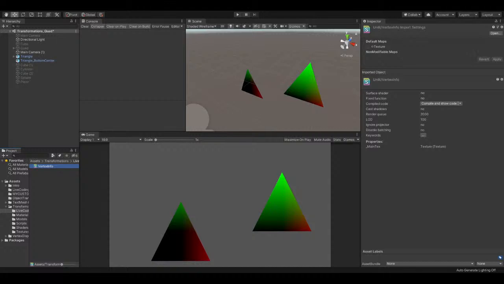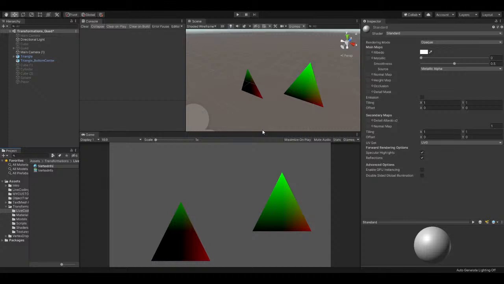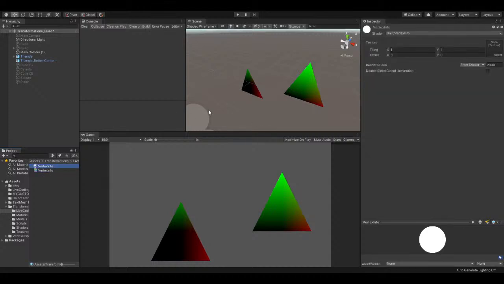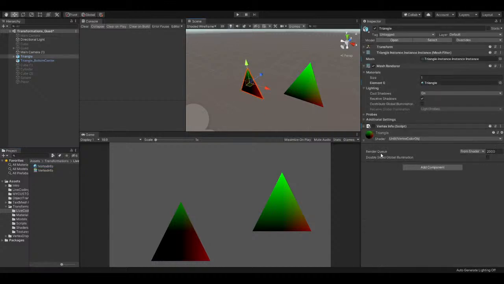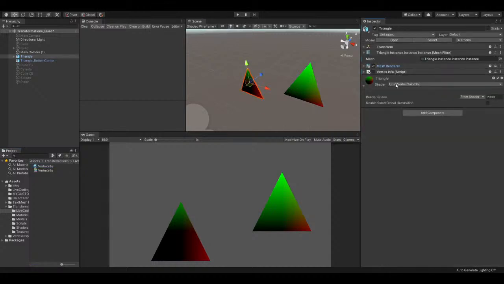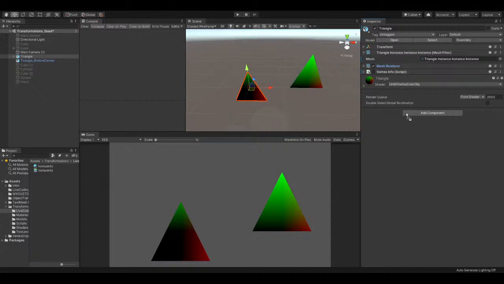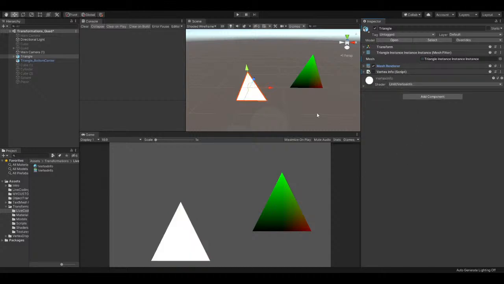Okay, this is a very simple shader, and we call it vertex information. We create a material called vertex information, and I'm just going to quickly drop the shader onto this vertex information, right? Now, the important thing is, considering this triangle, if I apply this material to this triangle, it turns white, right? Because the shader code is such.